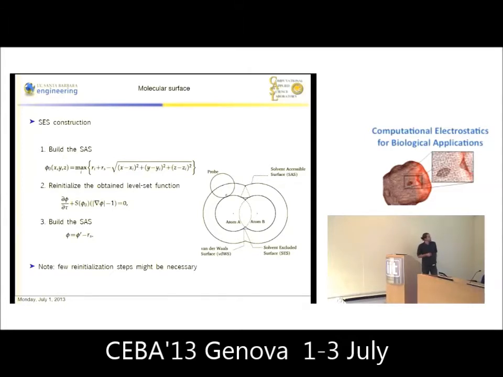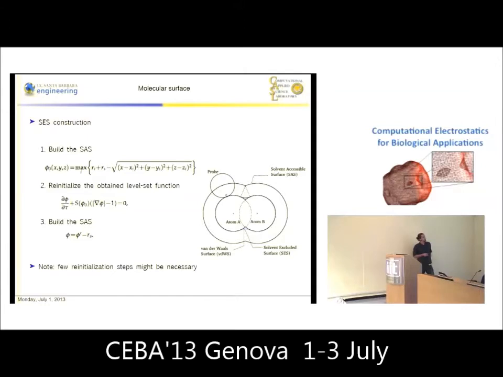And if we reinitialize this resulting level set function, then we're going to have a new level set function that is a signed distance function of the SAS. Now if we think about it, the SES is simply the set of points that is at a distance equal to the radius of the solvent or the probe from the SAS.